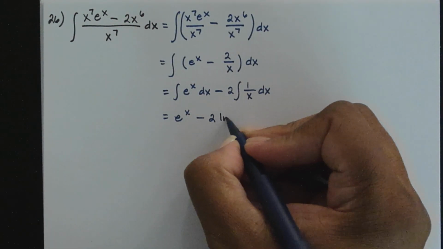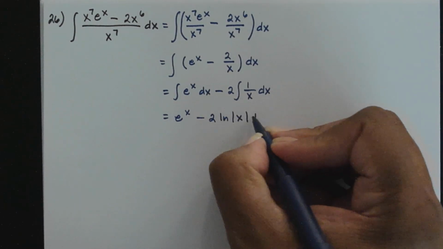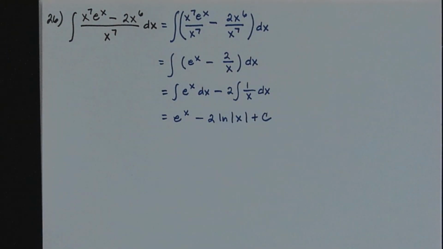So it'll be 2 times ln of the absolute value of x, and since it's an indefinite integral, we must include the plus c. Okay. So that right there is just problem number 26. Any questions about that?